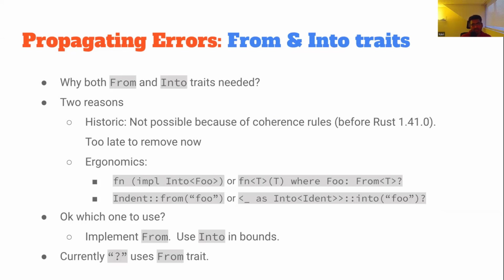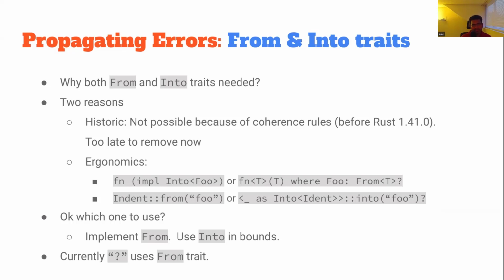One is historic, the reason being before Rust 1.41, where the coherence rules were updated, we could not do what we do now with a single trait because of the coherence rules. And that's why we added both traits. And now after Rust 1.41, it's too late because it's already stable, so we cannot remove it. That's from the historic point of view.